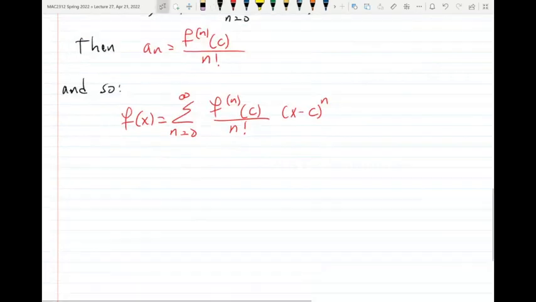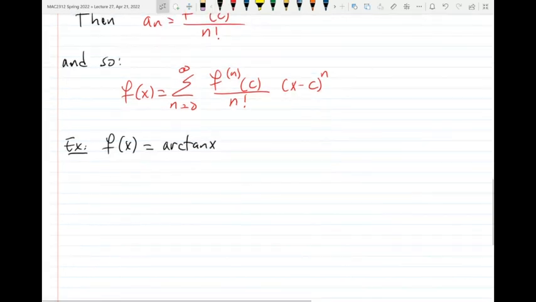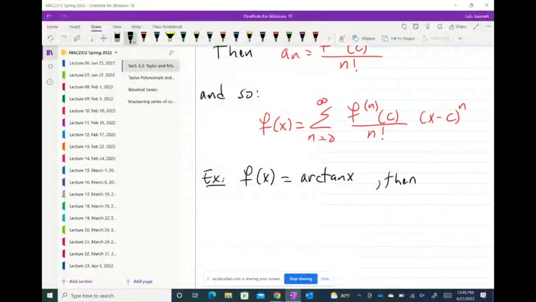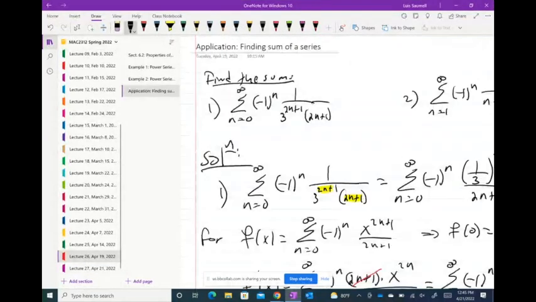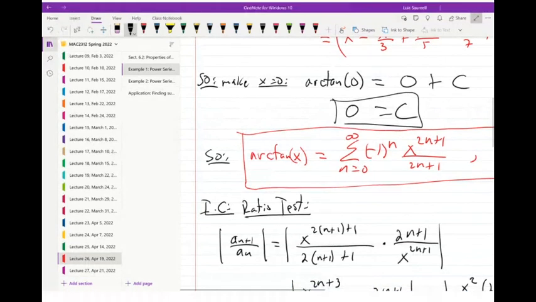For example, before I even give the definition, we already know the power series for arctangent, right? So notice that we have f of x equals arctangent of x. If you remember from before, we did arctangent right here.